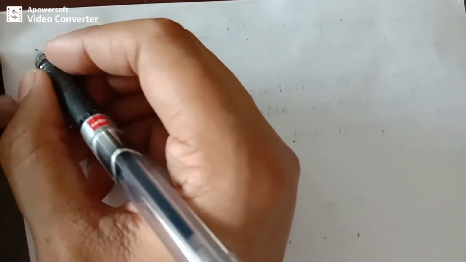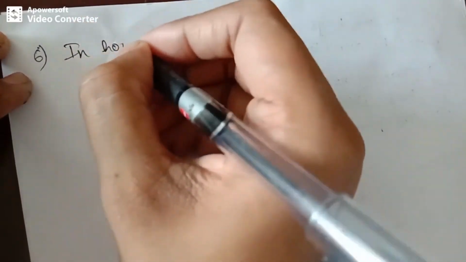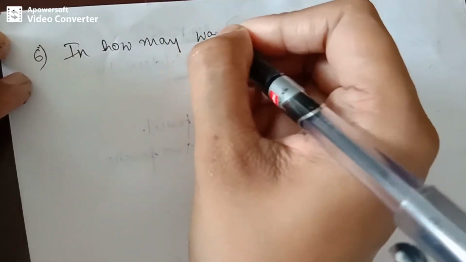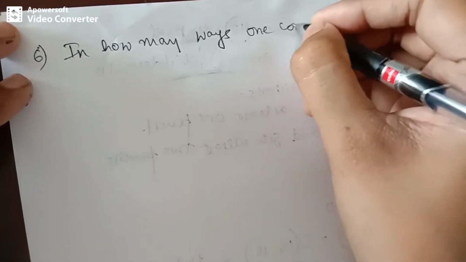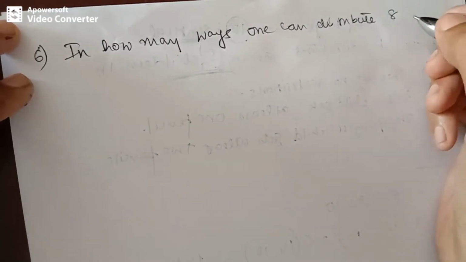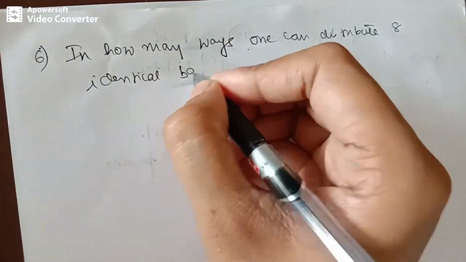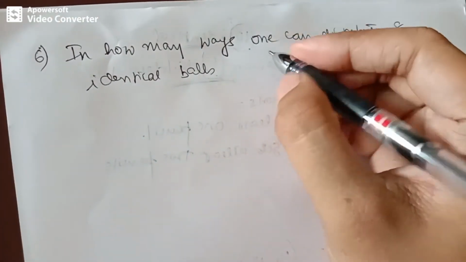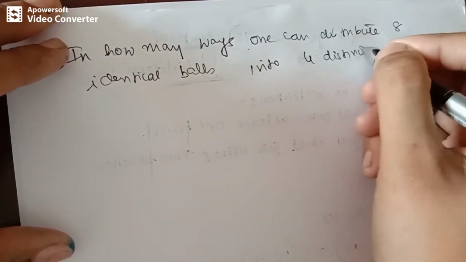Okay, let's continue with the same concept related to combinations with repetition. So welcome back. Let's take another problem. In this problem we have to find out the number of ways one can distribute 8 identical balls into 4 distinct containers.